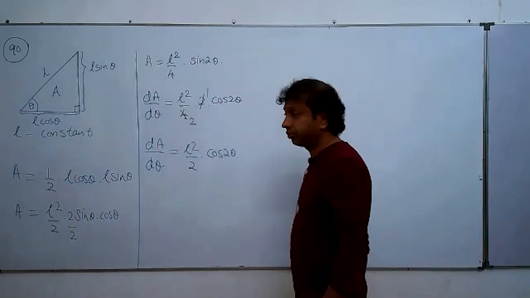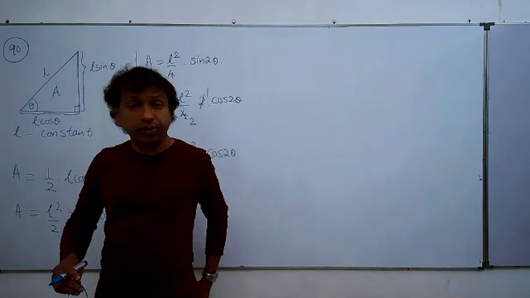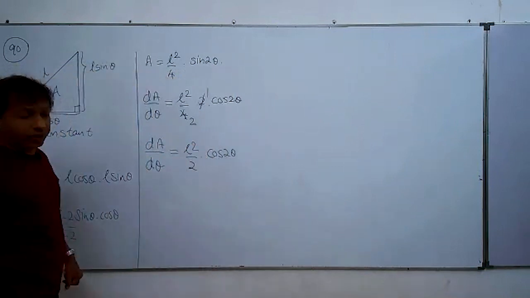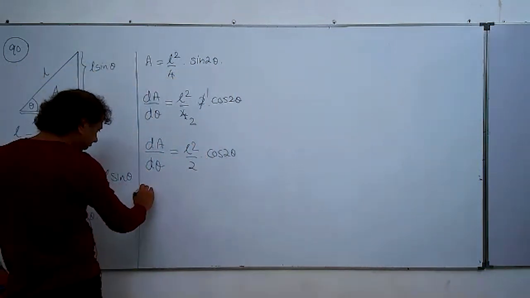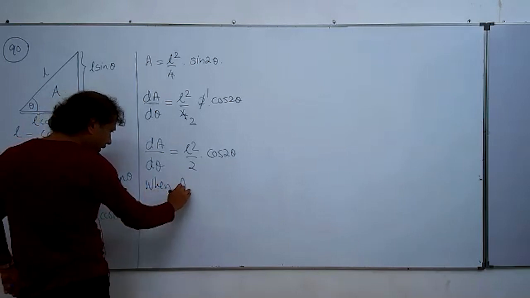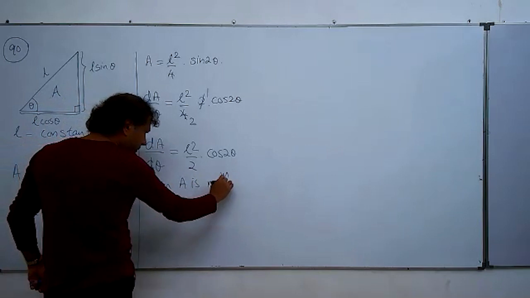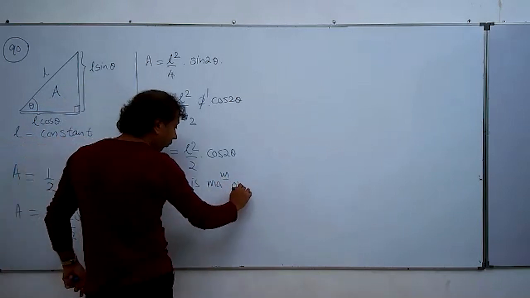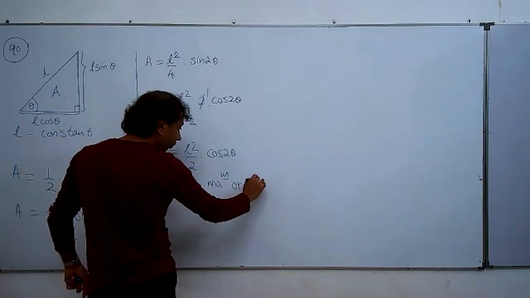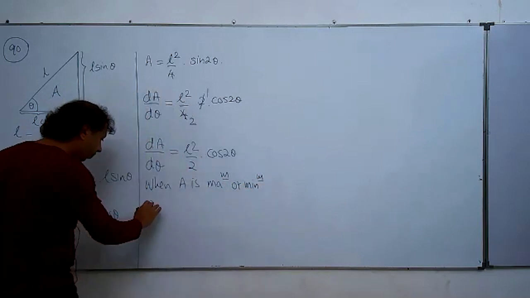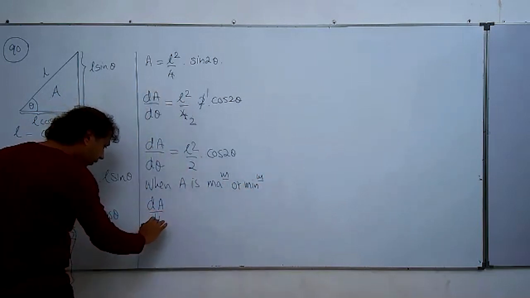Now at the maximum value or minimum value of A, dA by d theta equals 0.